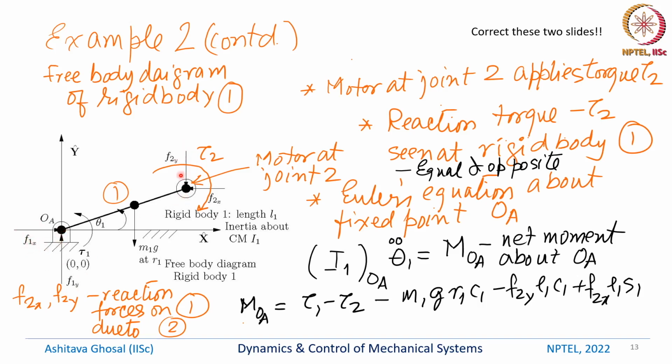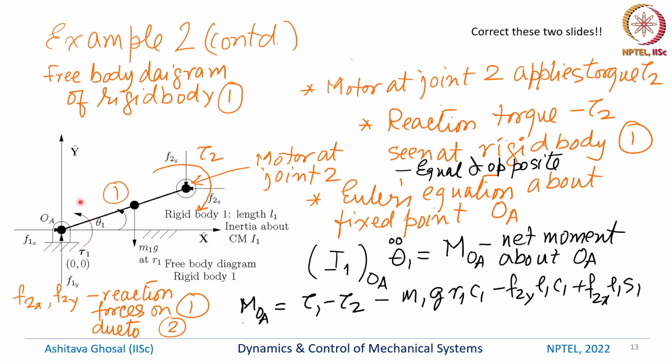We have to worry about F2x and F2y. So what does Euler's equation about fixed point OA tell me? That I1 theta 1 double dot, where we have to find the inertia about OA, is equal to the external moment which is acting about OA.